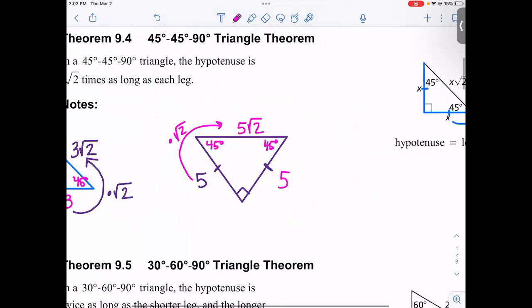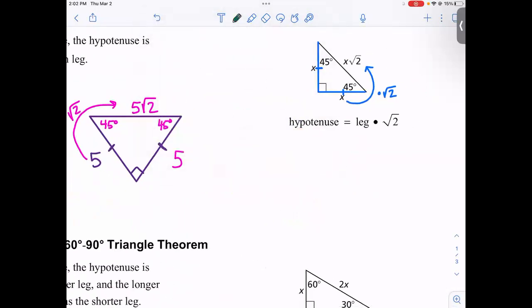Okay, now what happens when we know the hypotenuse? How would we get to the legs?